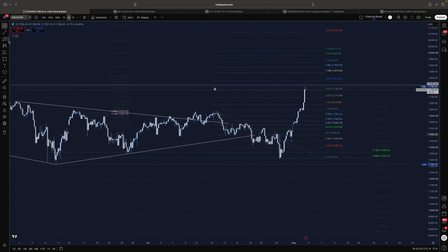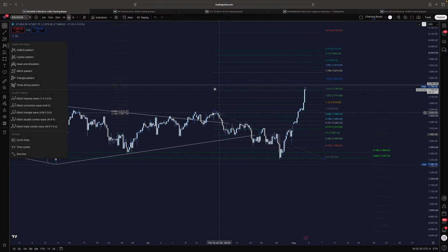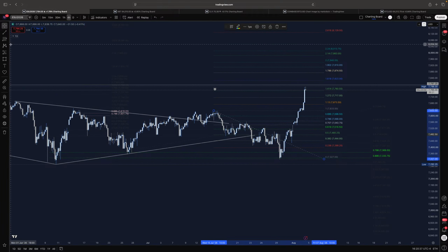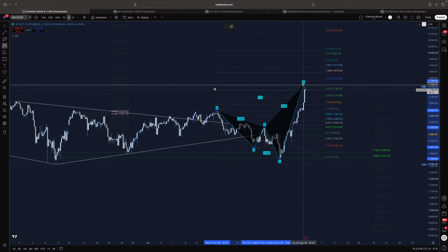But if we compute those ratios, we can assume that this might be the case for a 2.24 between the legs B, this one, the B, and the last leg of the move. Let's see. 1.618, yeah, the 2.24. Right at the 2.24.